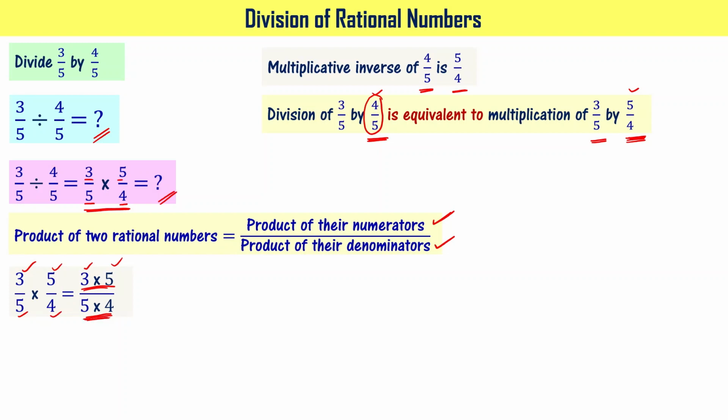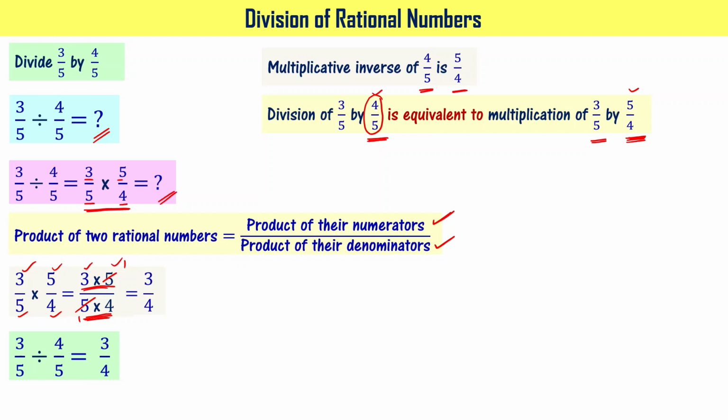So 3 times 5 divided by 5 times 4, I can cancel this 5 and this 5 with 1, right? What I have done is divided both numerator and denominator by 5, right? So the resultant number you have is 3 by 4. So to answer the question, 3 by 5 divided by 4 by 5 is equal to 3 by 4, right?